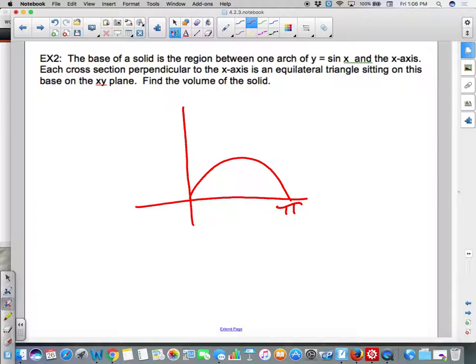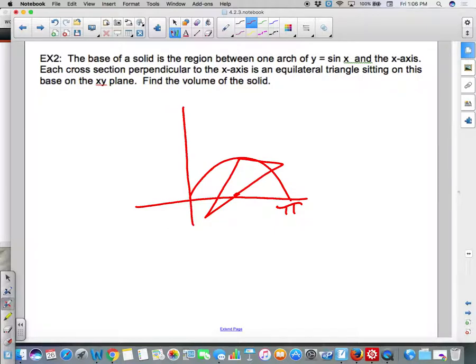Each cross section perpendicular to the x-axis is an equilateral triangle sitting on its base, on the xy plane. So it's sitting on its base, which means this is the situation. I'm not going to draw this well. We're making equilateral triangles.